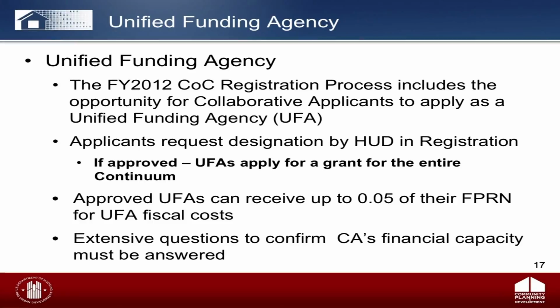As we mentioned, HUD will assess the UFA designation in registration. Those applicants that are not approved as UFAs in registration will be notified during the registration confirmation process and will be able to move forward in the CoC application phase as a collaborative applicant. In order to be compliant with the McKinney-Vento Act as amended by the HEARTH Act, as well as the CoC program interim rule, the fiscal year 2012 CoC registration process will include the opportunity for CAs to submit the request to be designated as a UFA.